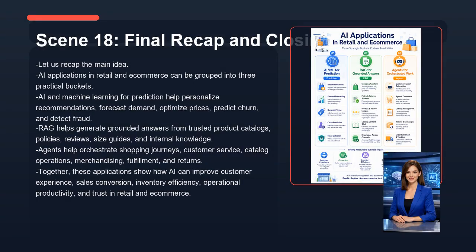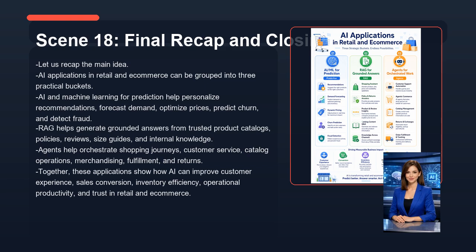Now let's look at scene 18, final recap and closing. Let us recap the main idea. AI applications in retail and e-commerce can be grouped into 3 practical buckets. AI and machine learning for prediction help personalize recommendations, forecast demand, optimize prices, predict churn, and detect fraud. RAG helps generate grounded answers from trusted product catalogs, policies, reviews, size guides, and internal knowledge.